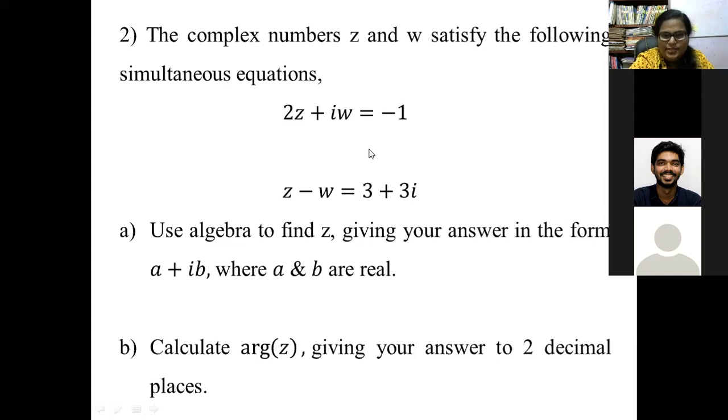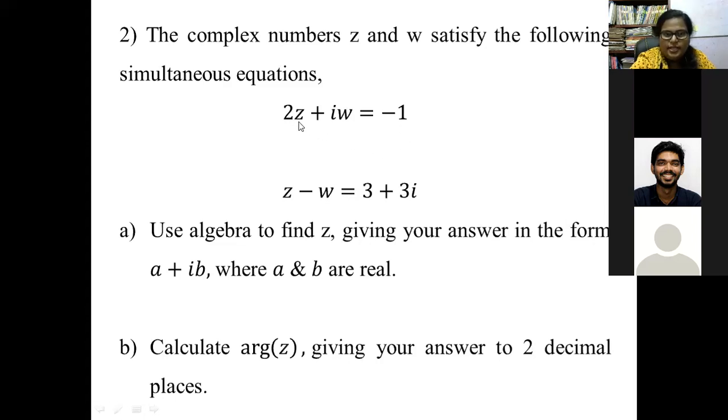We'll see how to solve this one. The first equation is given as 2Z plus iW equals -1. And the second equation is Z minus W equals 3 plus 3i. These are the two simultaneous equations that you have.